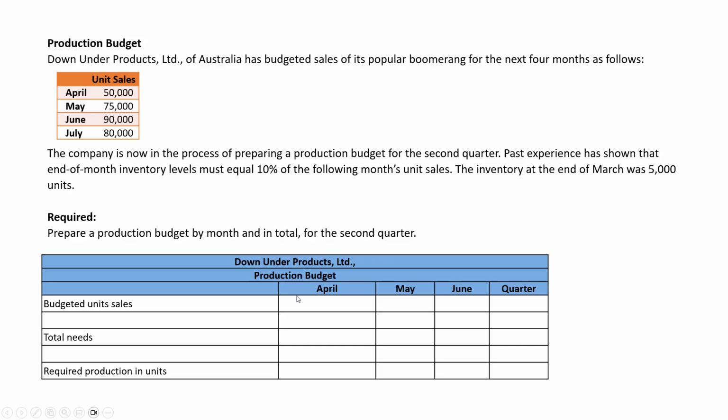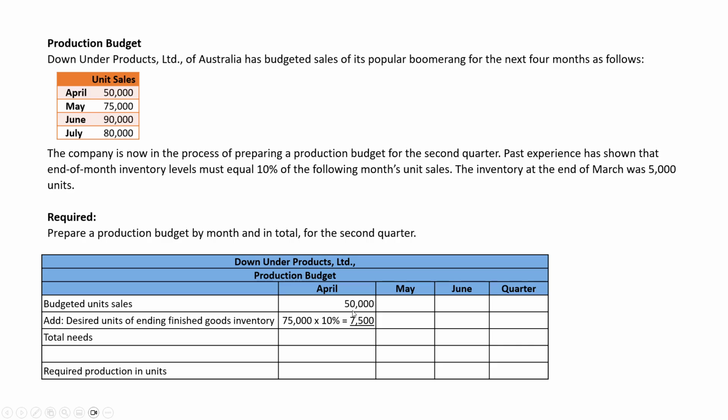So I'm going to work through April together to hopefully get you started. Our starting point is going to be our budgeted sales. So in April, our budgeted sales were $50,000. Then we want to add on what amount of ending inventory do we desire to have on hand beyond our sales. Remember, it's 10% of the following unit sales.